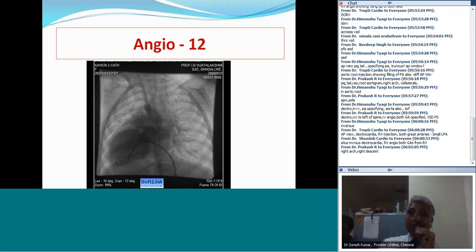The other one? So these are the two genes of beta myosin heavy chain and the myosin binding protein C. These are the two genes that are most commonly associated with hypertrophic cardiomyopathy.